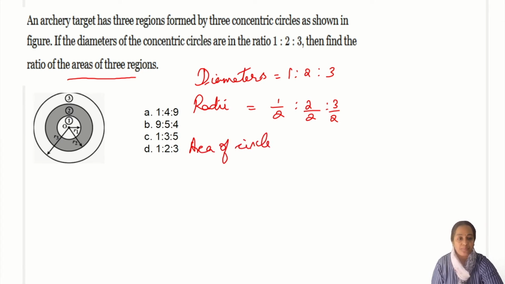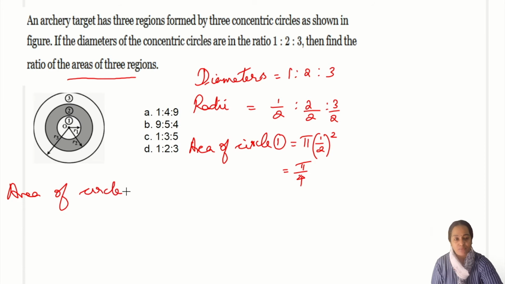So now we have to find the areas of all the 3 circles. Area of circle 1, area of circle 2 and area of circle 3. So let's find the area of all the 3 circles. Area of circle 1, pi into half square, pi by 4. So we have pi by 4. What is going to be the area of circle 2, children?